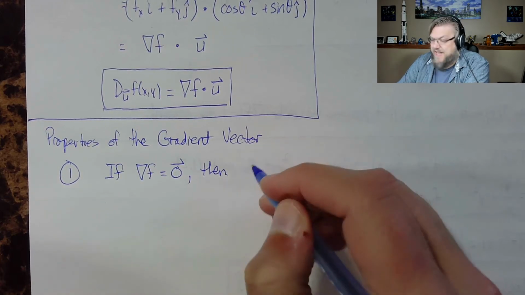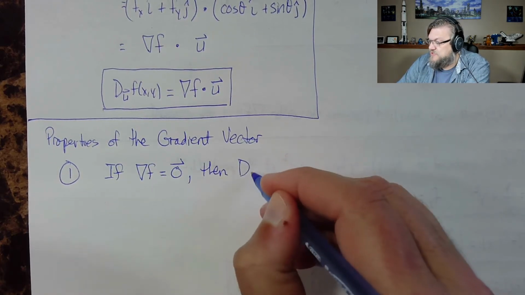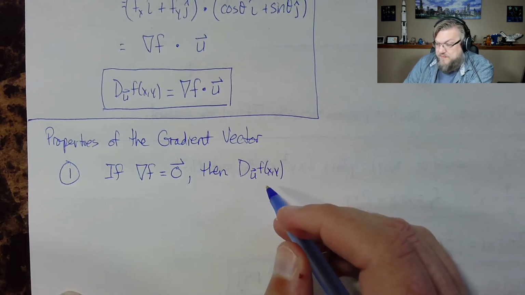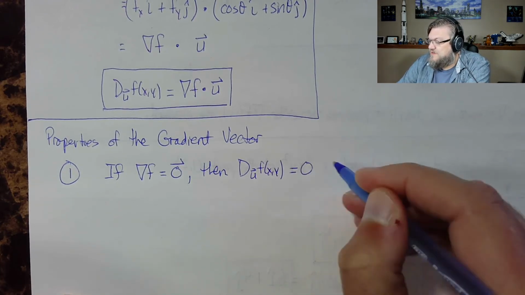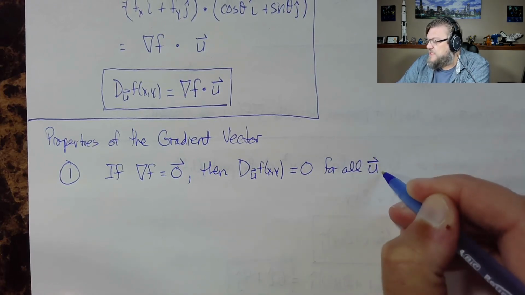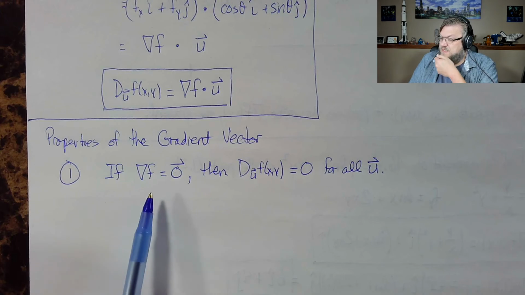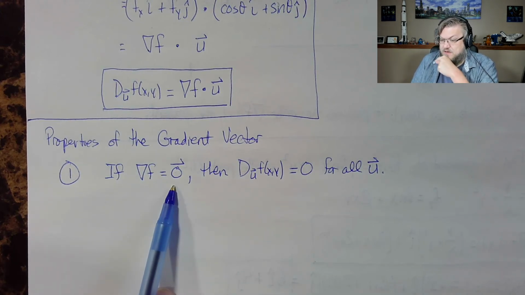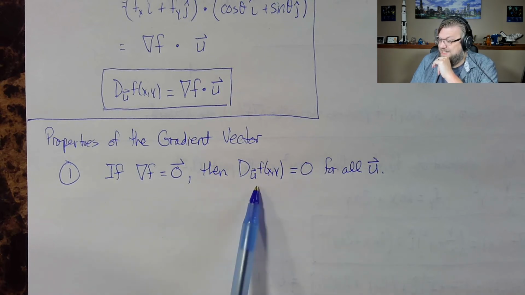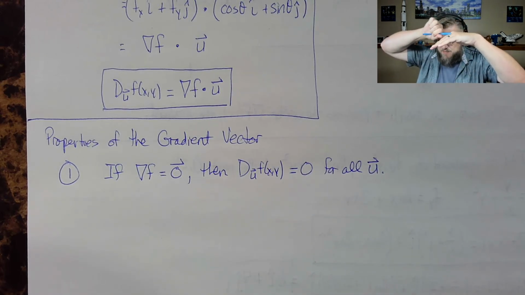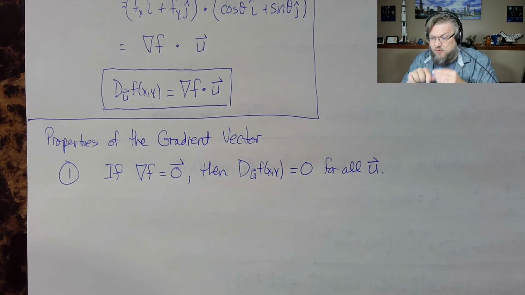then we can actually conclude something about the directional derivative. Remember, the directional derivative tells you information about slope. The slope is 0 for all directions u that you look at. So in other words, if the gradient is the 0 vector, what I can conclude is that in any direction you look from the point you're standing, it's going to be a horizontal slope.